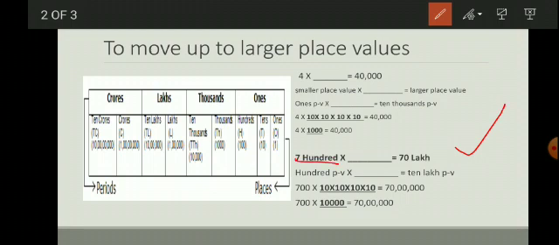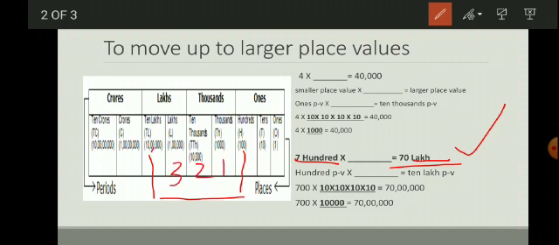700 into dash is equal to 70 lakh. 700 means you are already in the hundreds place value. You have to get 70 lakh, that means the 10 lakhs place value. In between, how many place values are there here? Let us count. 1, 2, 3.